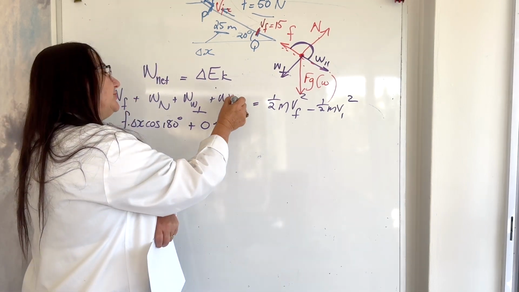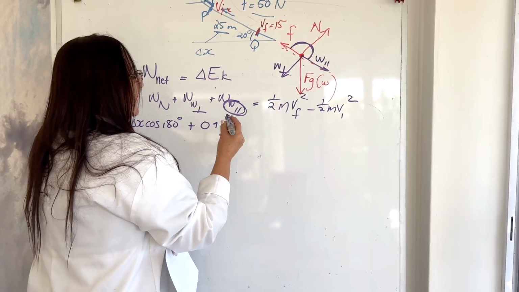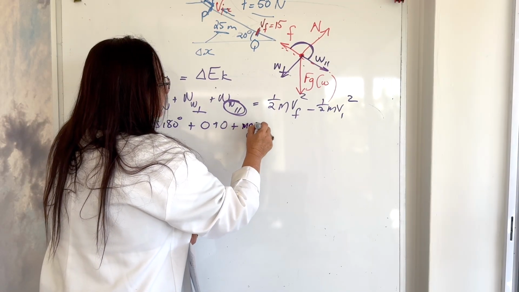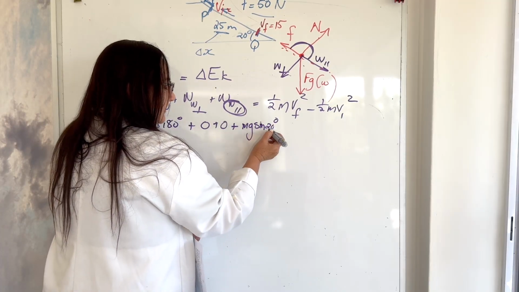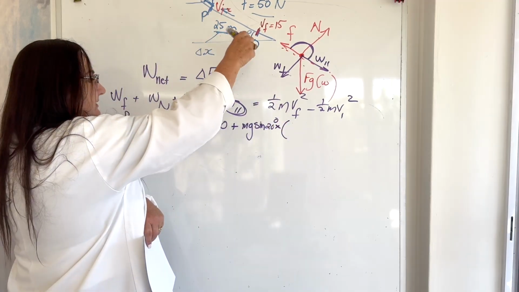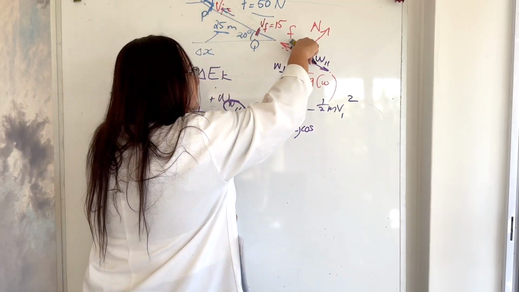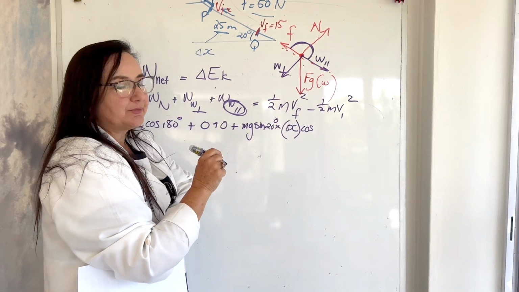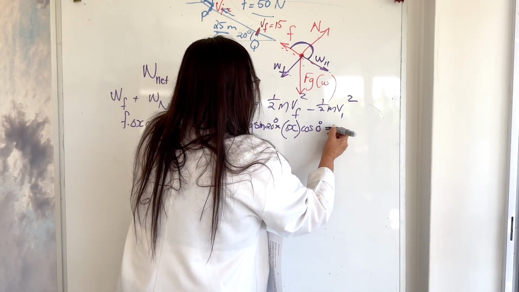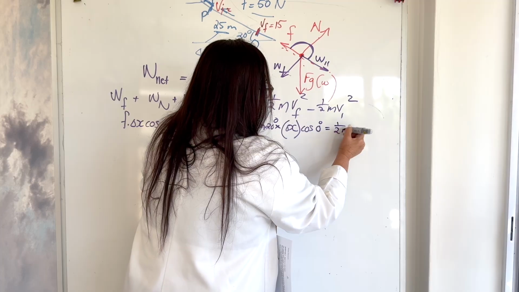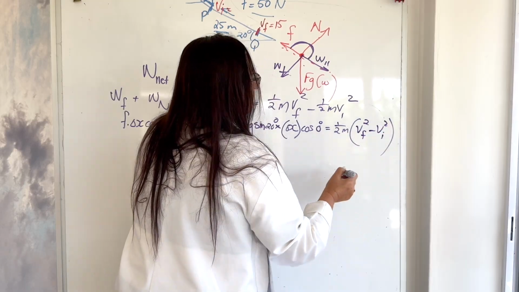Plus, okay, so now I first got to work out what is the force parallel. And that is mg sine 20 degrees, and that's only my force, times my displacement, delta x, cos, and now because that force and my displacement are in the same direction, it's going to be 0 degrees, equals, and now I'm going to have half of my mass times V final square minus V initial square in brackets there.